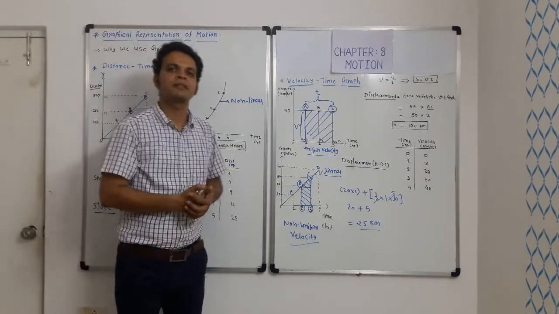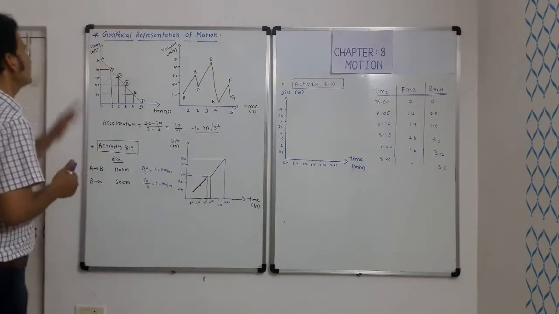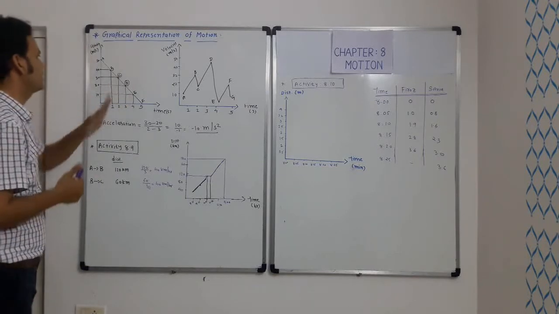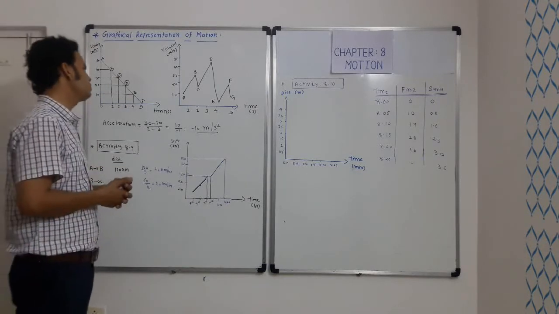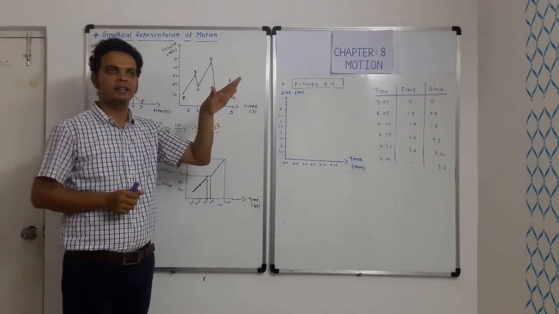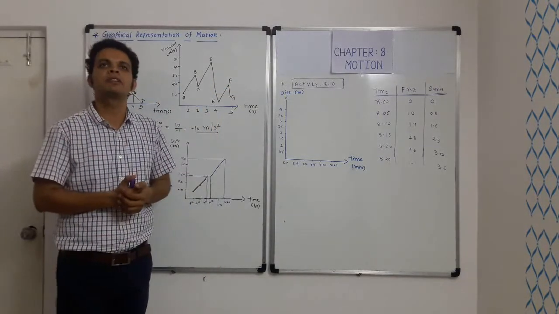Let us proceed further. Here there is a non-uniform motion on a velocity and time graph. In the previous graph we have seen that when velocity increases equally, it is called uniform velocity.